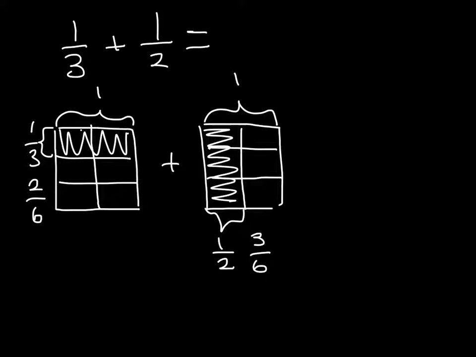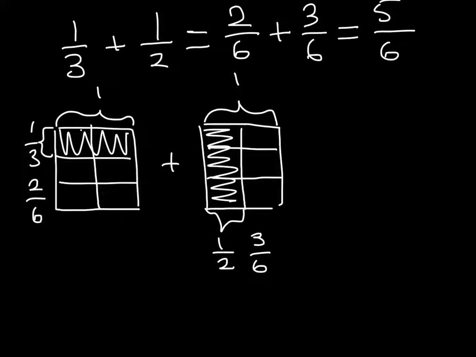So our new equation is going to be 2/6 plus 3/6 equals 2 plus 3 is 5, and our unit is sixths. We're going to go back and count each one to make sure we've got 5 sixths. 1, 2, 3, 4, 5. 5 sixths total.